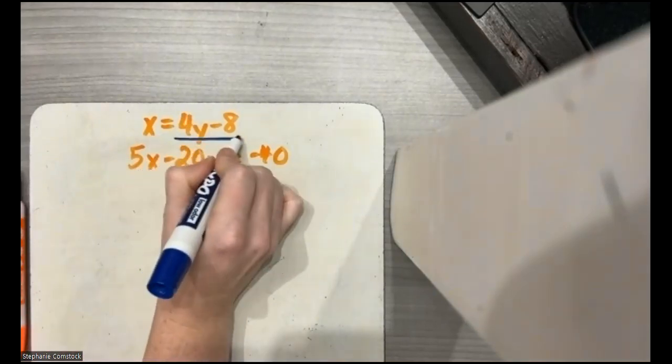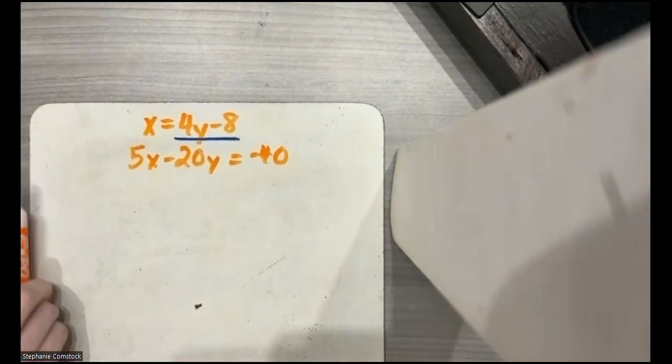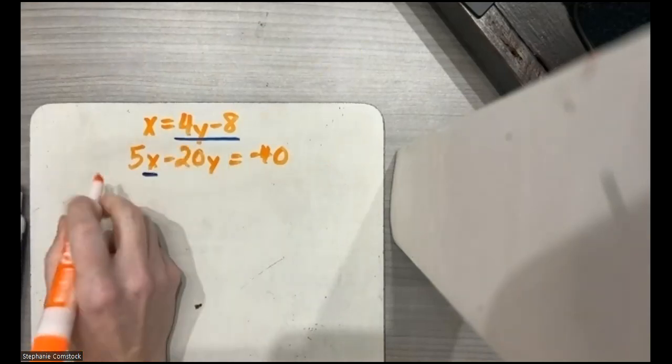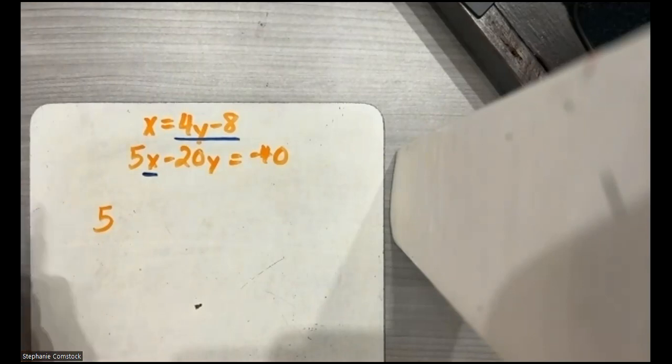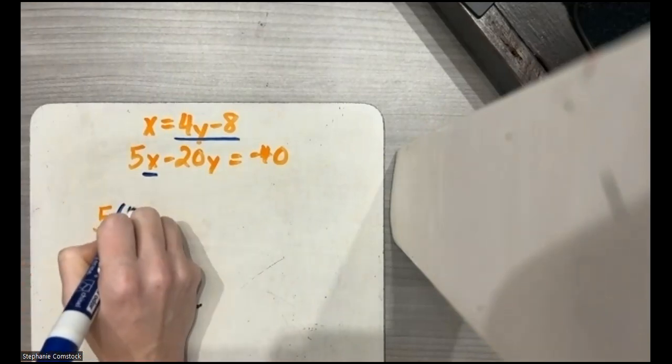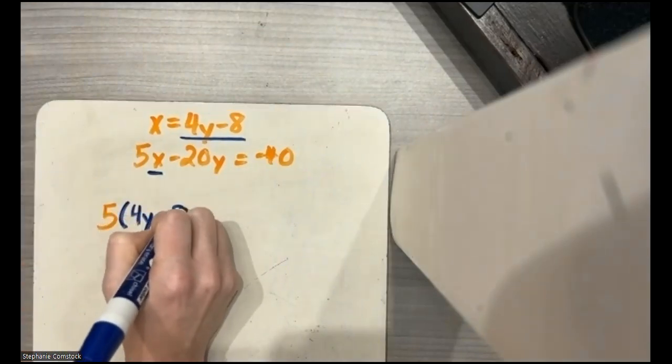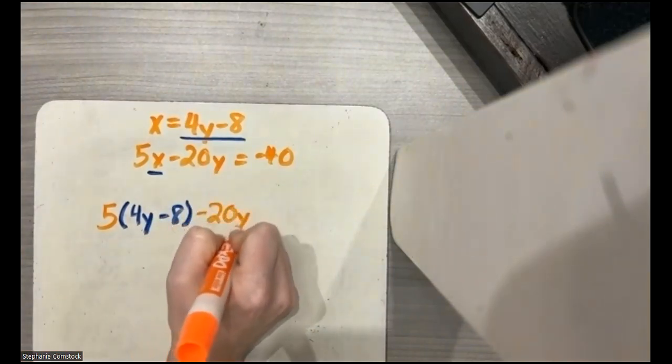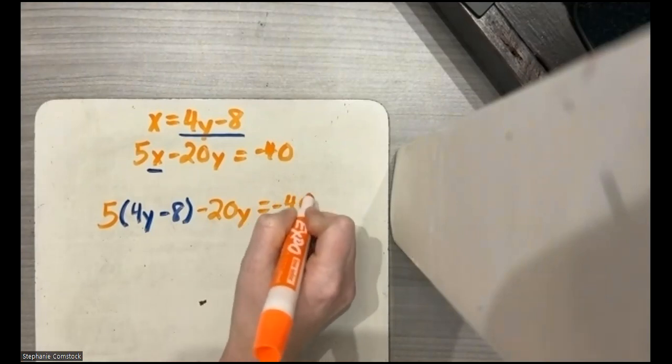So I'm going to underline that in blue. And I'm going to replace this x in this equation with what that is. So I've got 5 times 4y minus 8, and then minus 20y equals negative 40.